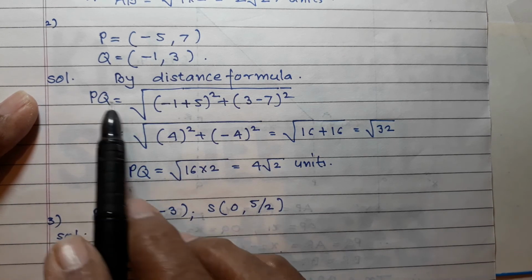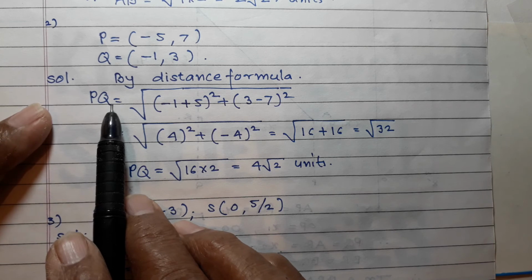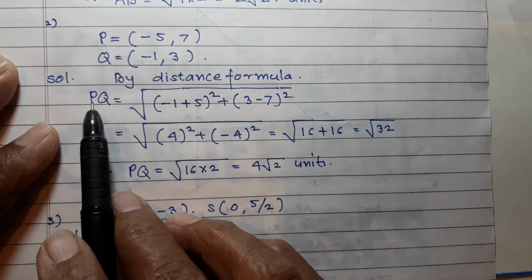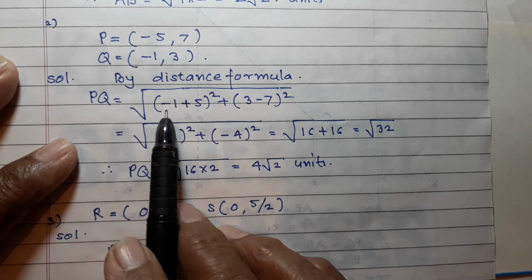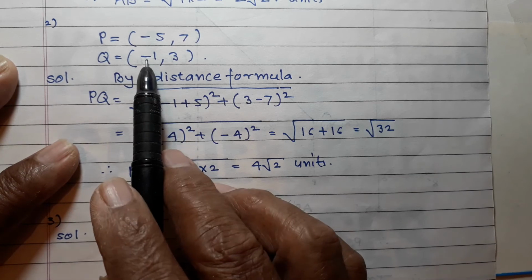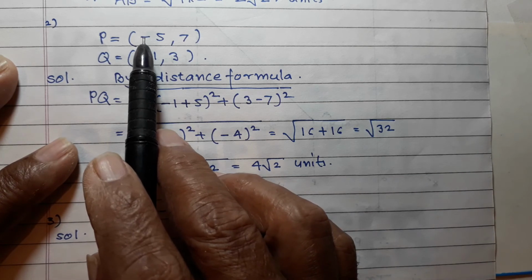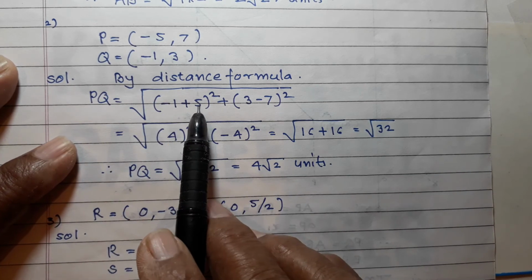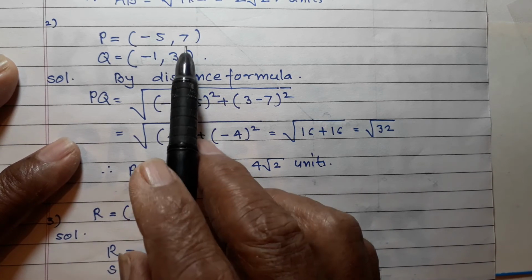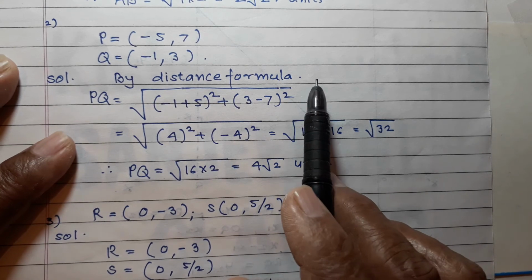Okay. Now PQ is equal to, start from Q. You want PQ, so start from Q. Under root (minus 1 minus minus 5, means plus 5) square plus (3 minus 7) square.